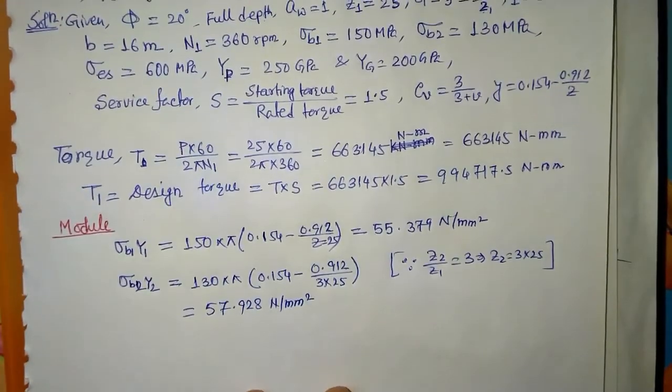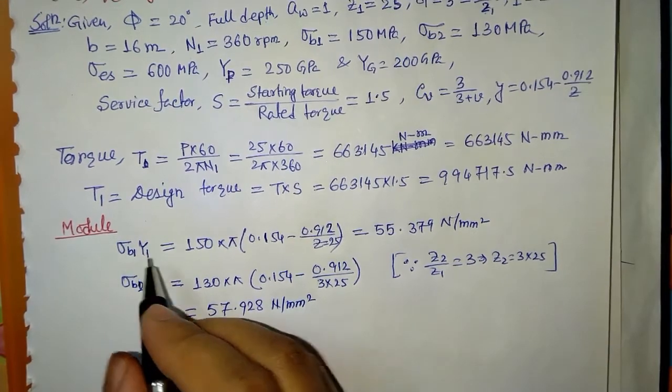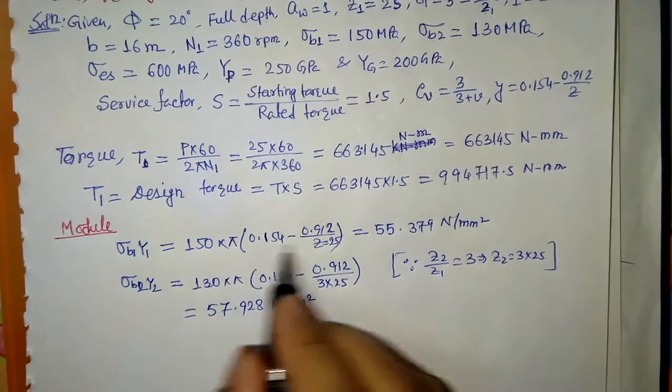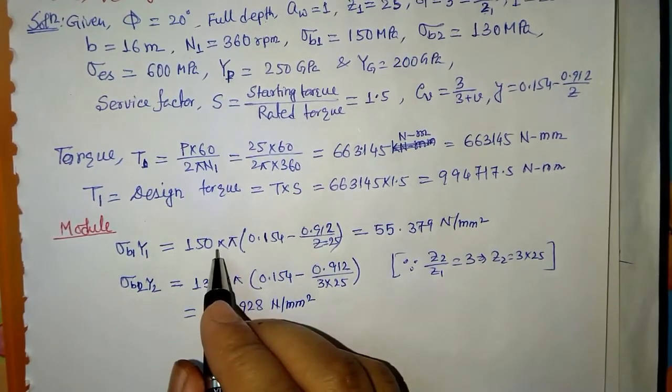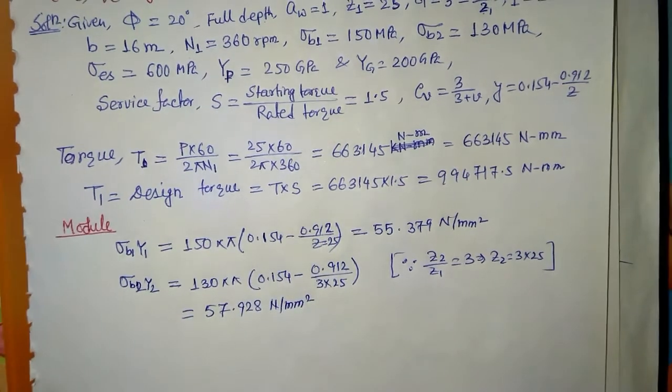Okay, so this is our sigma b1 y1, where y1 is our Lewis form factor, and y2 is also the Lewis form factor for the gear. We have already seen that this is the tooth geometry factor into pi, so I put that value here. Now we have to find the weaker gear.